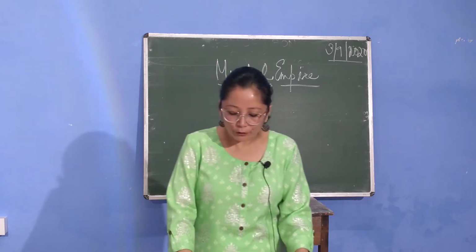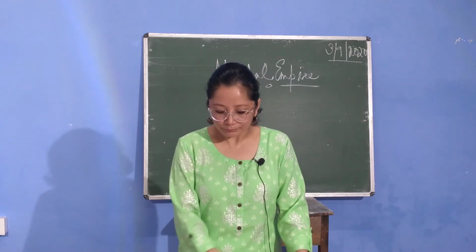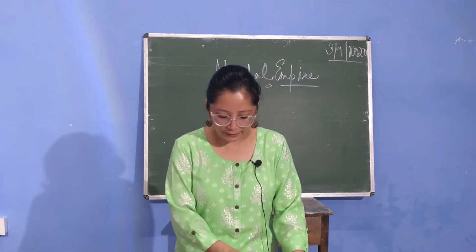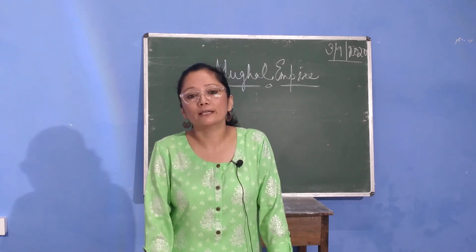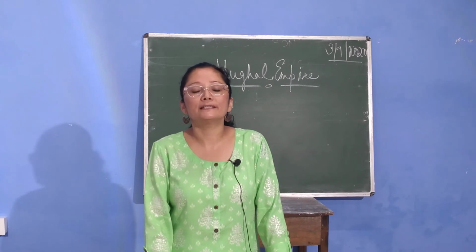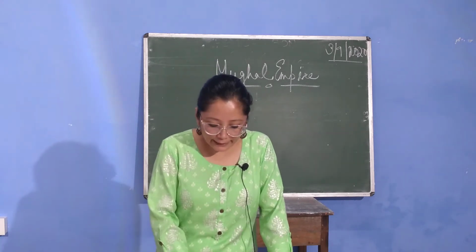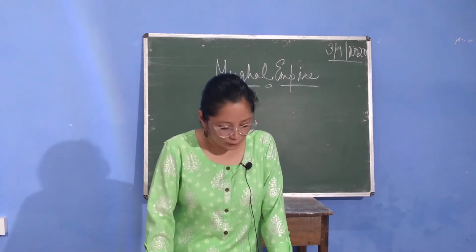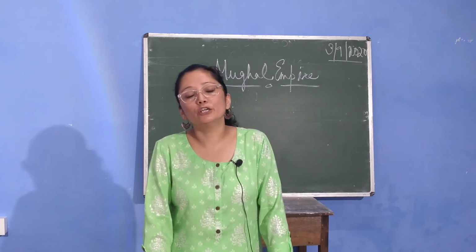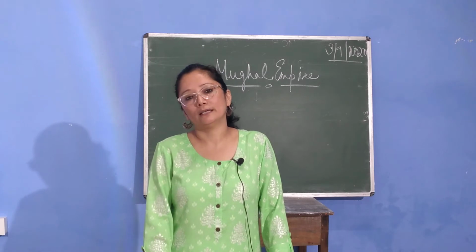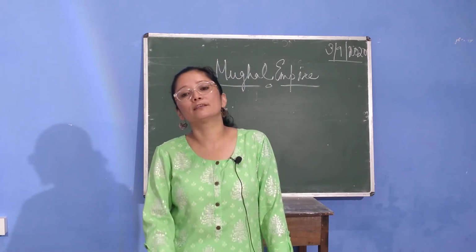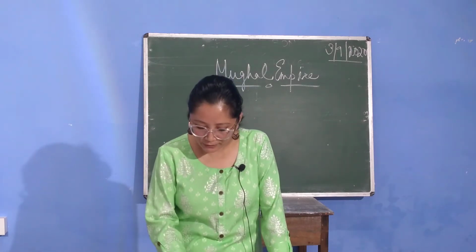If you turn the pages here, if you come to page 240, you will see a painting of Akbar. Then if you turn to page 244, you will see again a painting of Emperor Shah Jahan. So different methods of painting were used at that point of time.